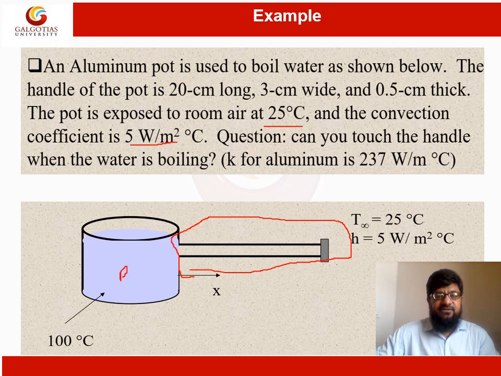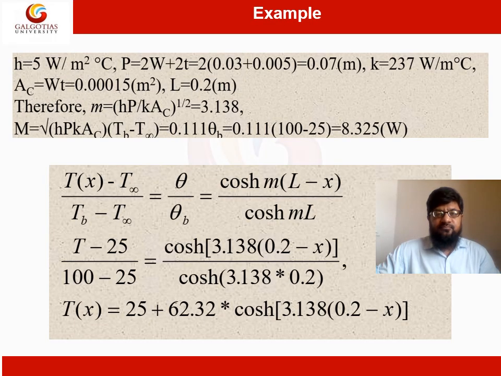We will consider that the temperature of the base from which the handle is attached is 100 degrees centigrade, and the thermal conductivity for aluminum is known. First of all, we will calculate the perimeter of the handle and the cross-sectional area of the handle.